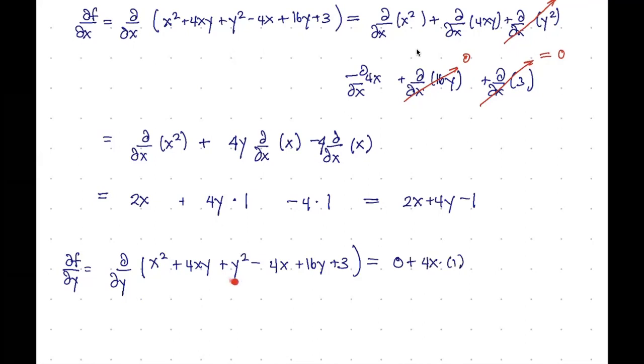The derivative of y squared with respect to y is going to be the ordinary derivative. It would just be 2y. And there's no y in this term here, so this is constant, and it would become 0 plus 16 plus 0. And so you would end up with 4x plus 2y plus 16 as the derivative with respect to y of f.